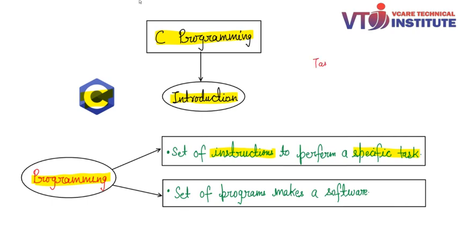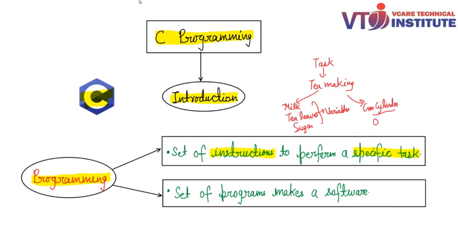To make tea, we need milk, tea leaves, and sugar. They are all variables. Now we need a gas cylinder, which acts as an operation, and then finally we have the product, tea.